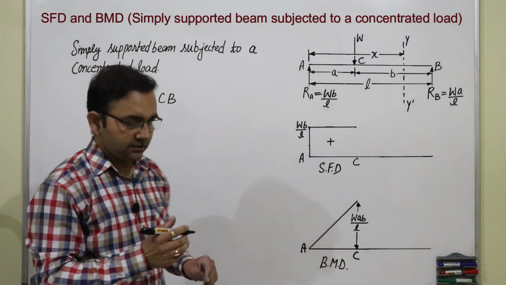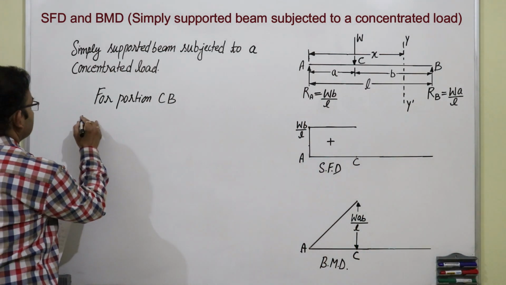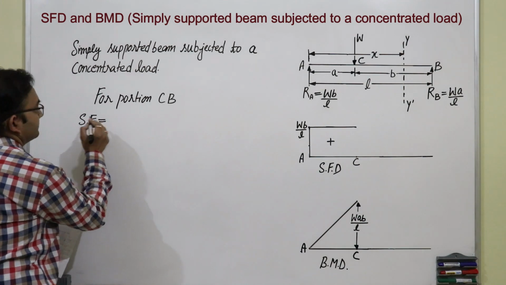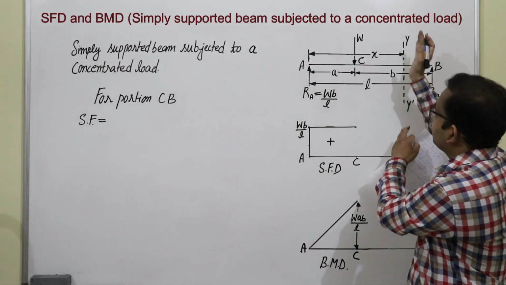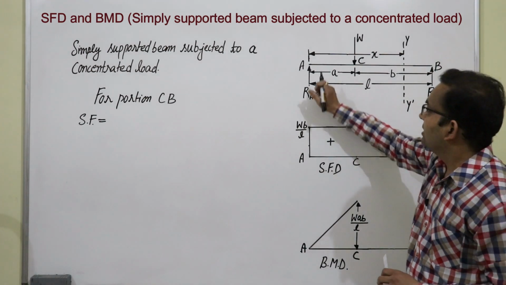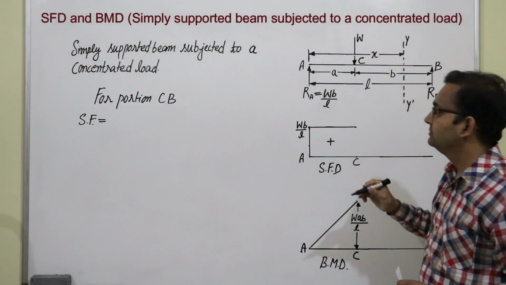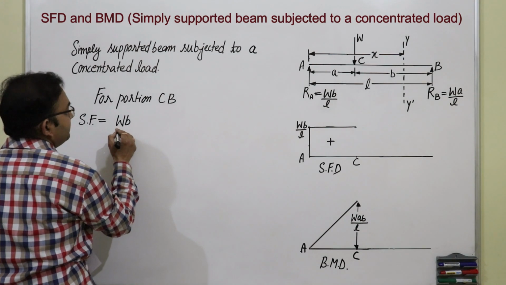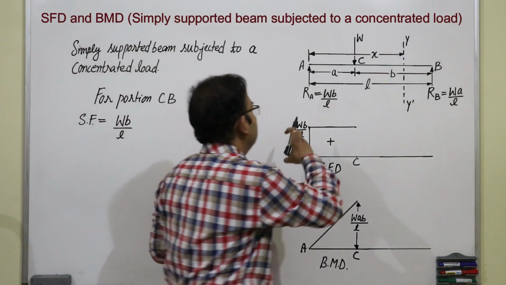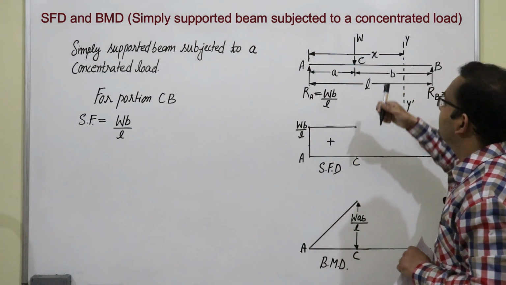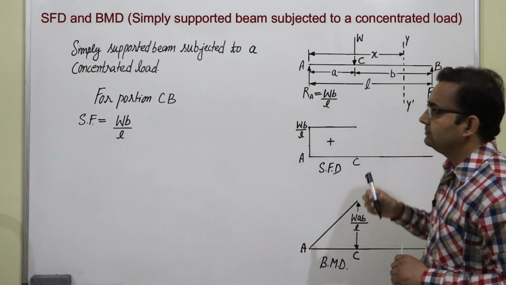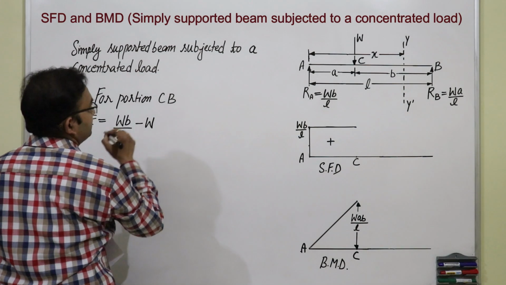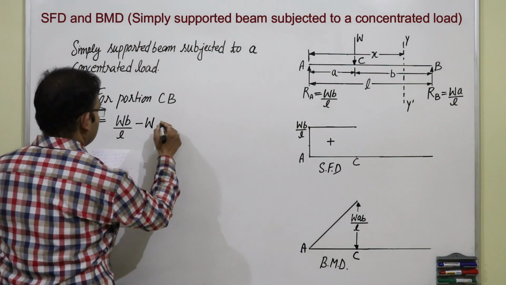We will write the shear force equation. At the left of this section, there are two forces, one is Ra and another is W. Ra is WB by L, it is upward, that is why it is positive, and W is downward, minus W. So, we will solve it.